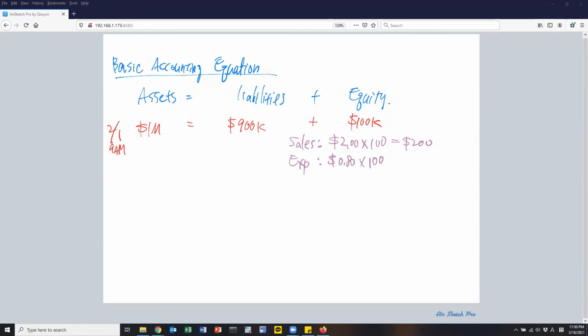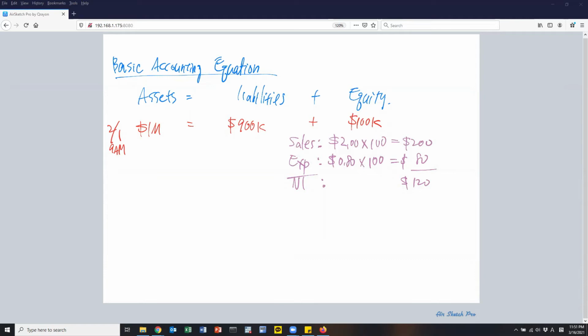To make 100 cups of coffee, I have used $80, meaning $120 of net income I made at the end of the day. I became $120 richer than the day before, January 31st.